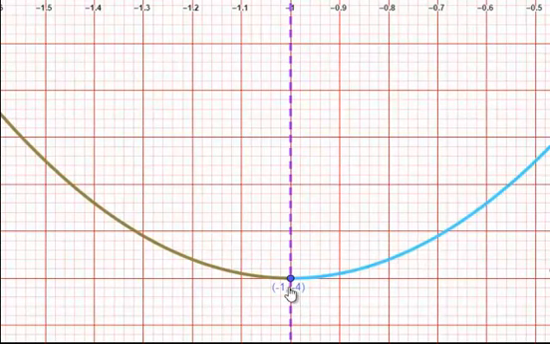We can see that where the -1 is, that is the point, the turning point.